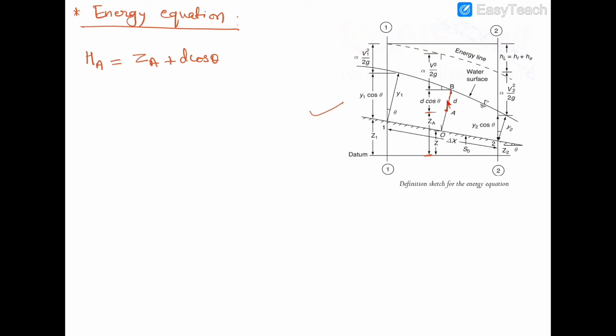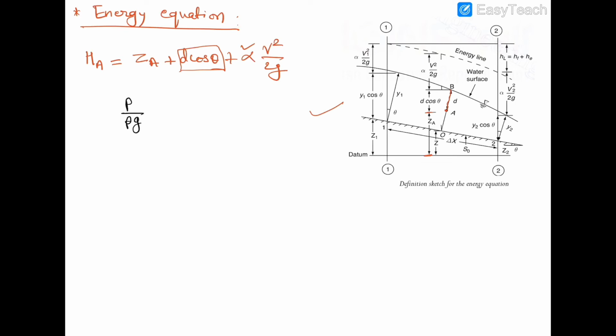So this is d cos theta, and the kinetic head is alpha v square upon 2g. Here alpha is the kinetic energy correction factor. Why is the pressure head here d cos theta, whereas in pipe flow the pressure head was represented by P upon rho g?